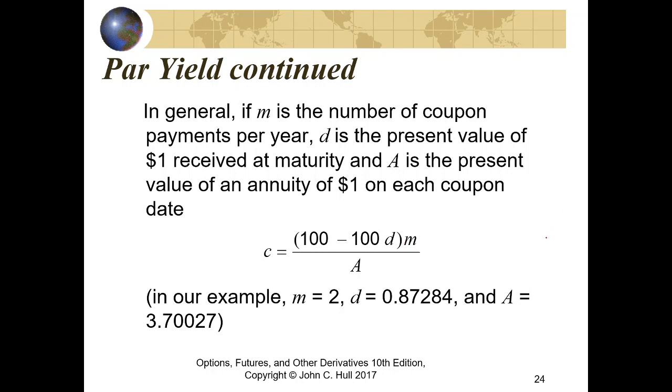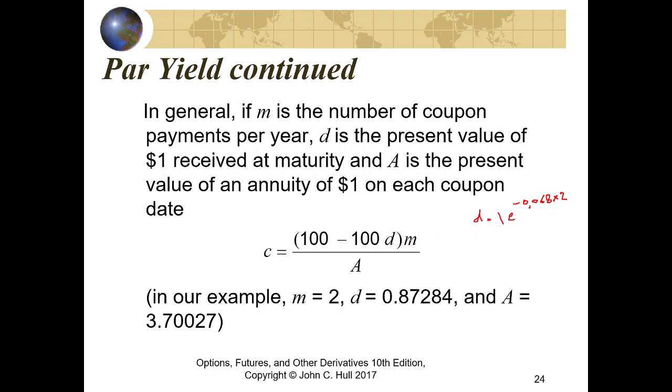So in our case, to find D, D is equal to e to the power of minus 0.068 times 2. So it is as if we discounted $1 for 2 years using the 2-year zero rate.